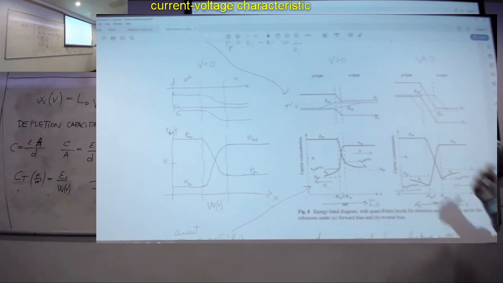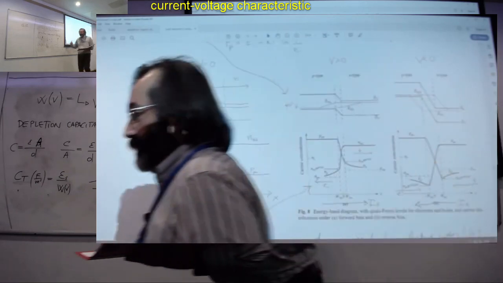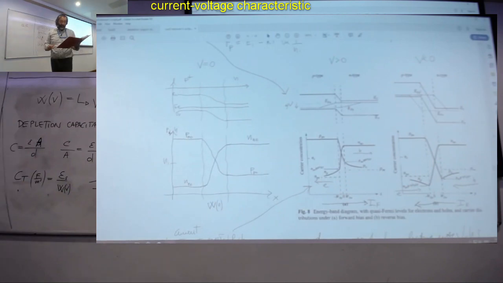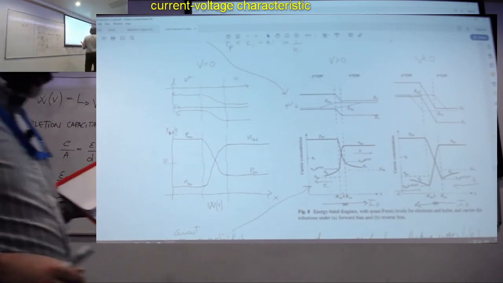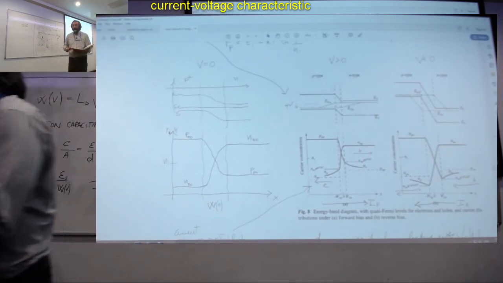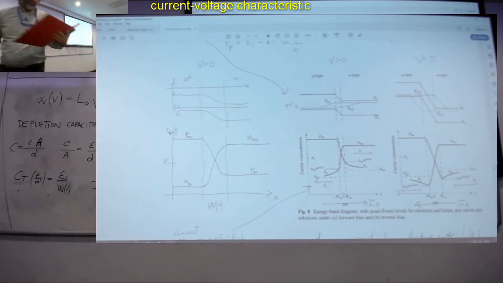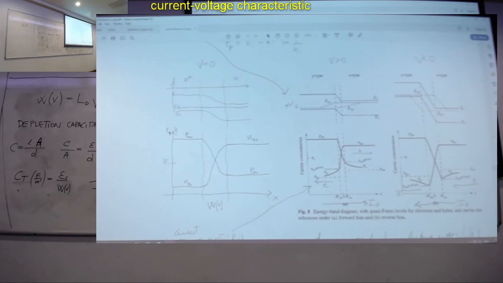So anyway, long story short, we start thinking in terms of quasi-Fermi levels, and then we use the continuity equation.